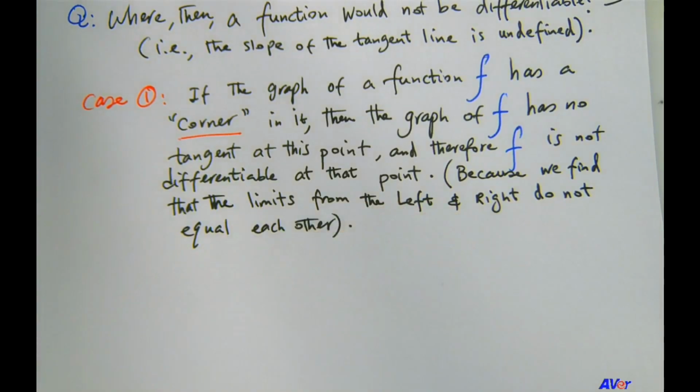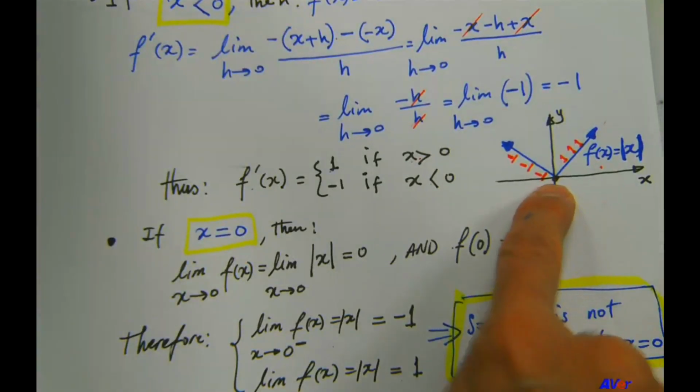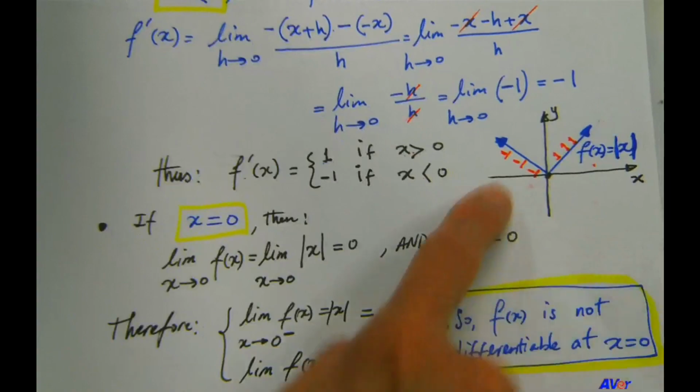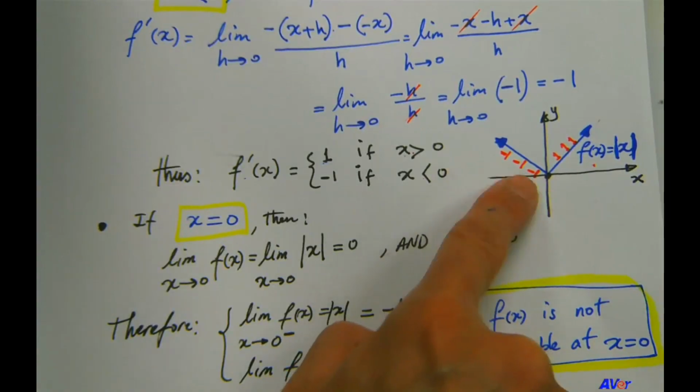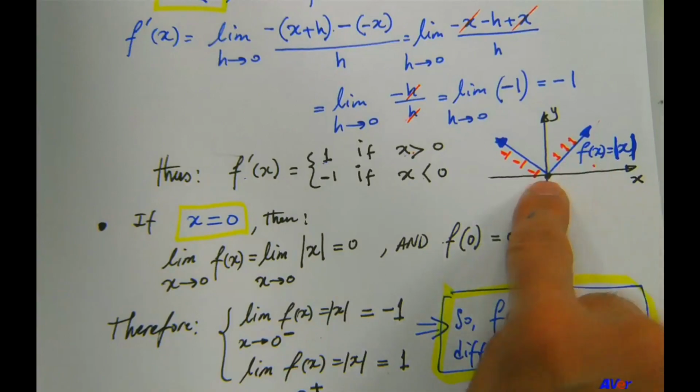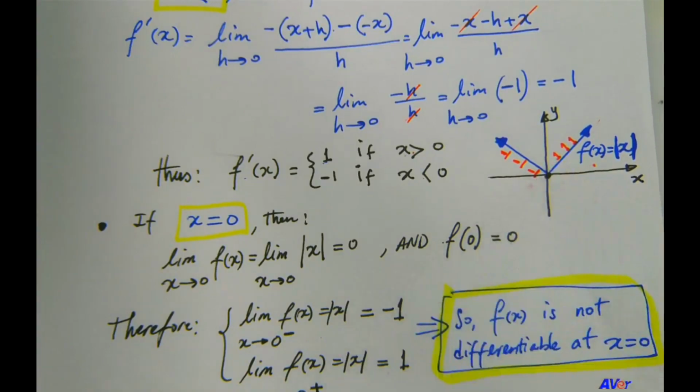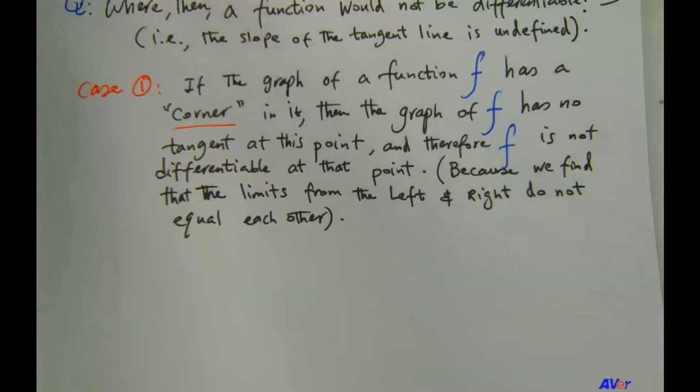That's what happened in this case. See, we have a corner point right there. As x approaches 0 from the left, the limit was -1, and as we approach 0 from the right, the limit was 1. Those numbers are not equal to each other. Therefore, the limit at that corner does not exist. So the function is not differentiable at that point, which means the slope of the tangent line at that point is undefined. Okay? That's why.